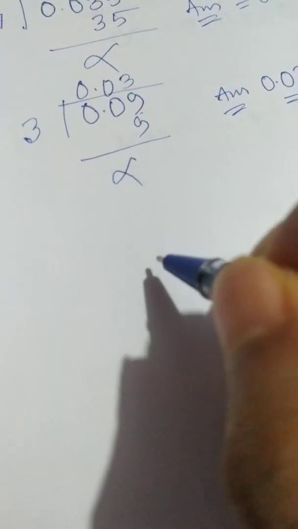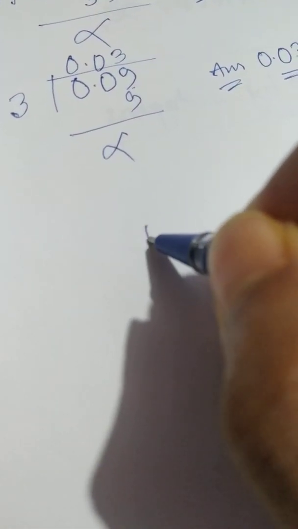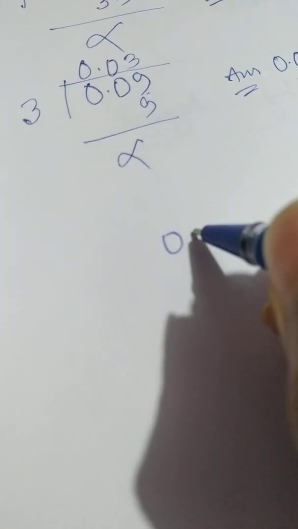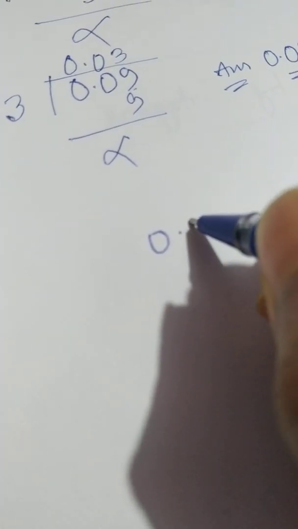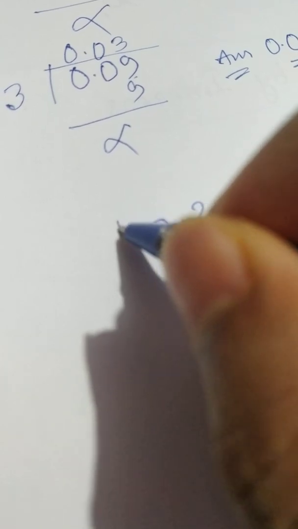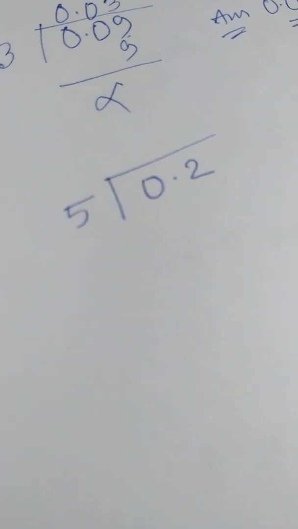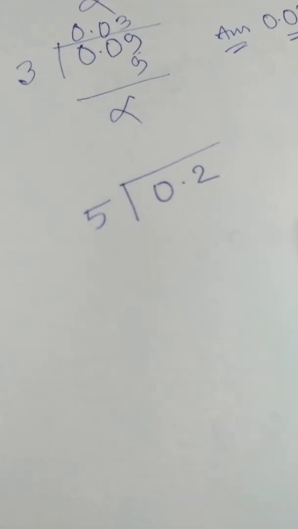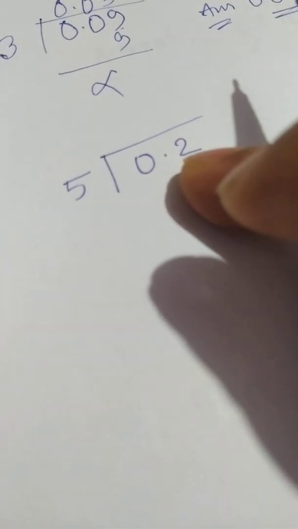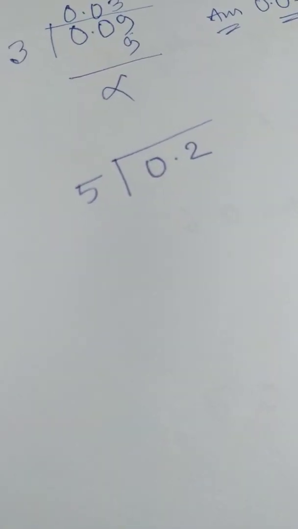Let's say now, if I have to divide 0.2 by 5, this type of problem, I have to divide 0.2 by 5.